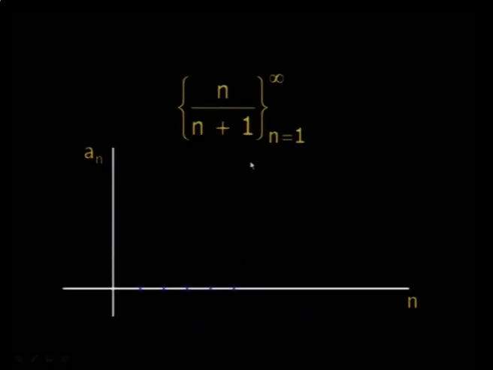For example, this is a sequence which is called monotonic increasing, because it goes up all the time until it ends up here with what is called the limit of the sequence. The sequence goes up and then it's bounded above. It's bounded above by 1 here. So it's monotonically increasing and bounded above, because n is always less than n plus 1. So it ends up with what's called a limit.